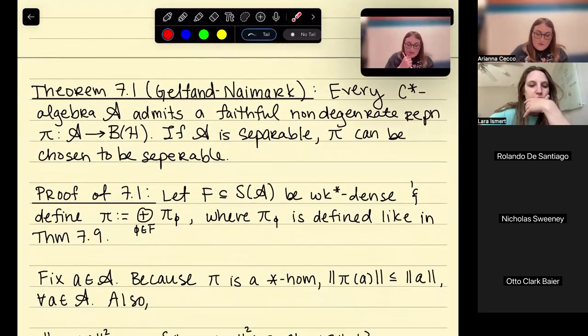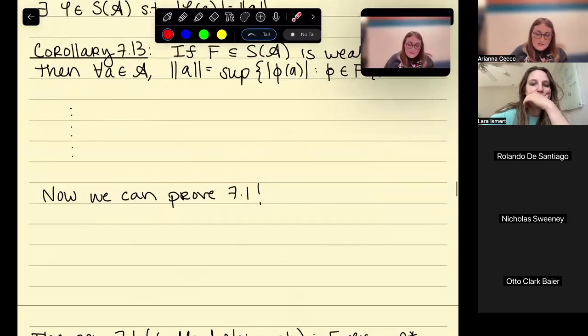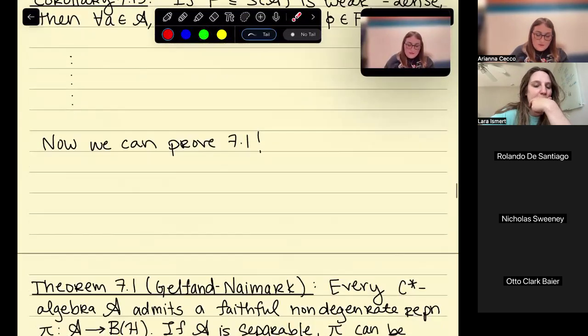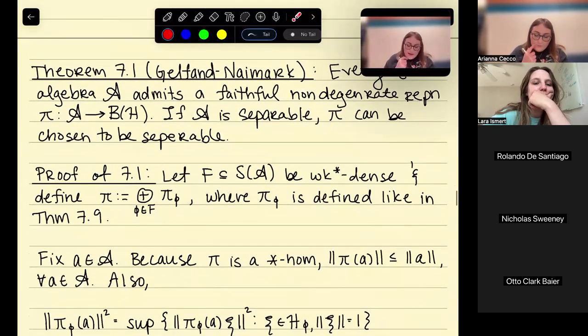We're immediately going to start by using this corollary 7.13. We're going to let F be a weak star dense subset of the state space, and define pi to be the direct sum of all of the pi sub phis that we're considering, where each pi sub phi is defined like we did above in 7.9.